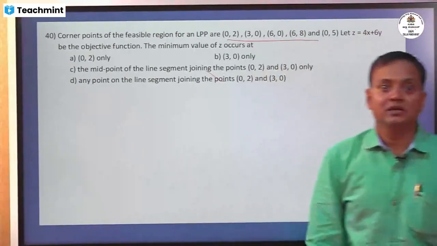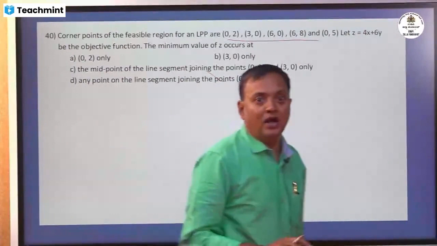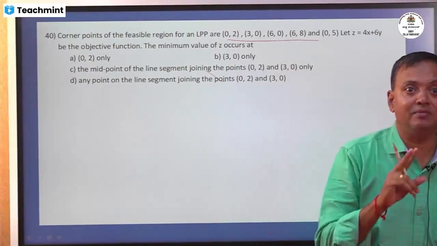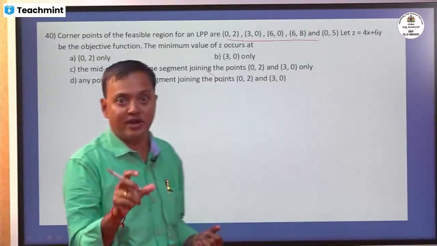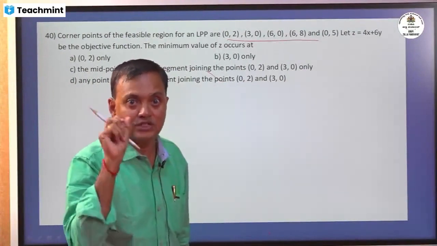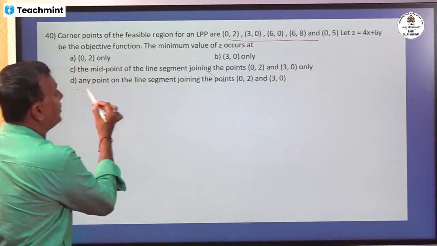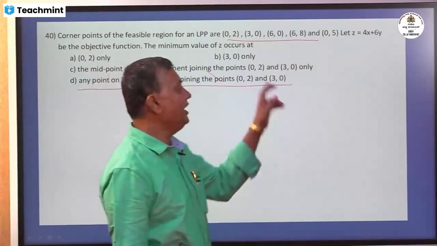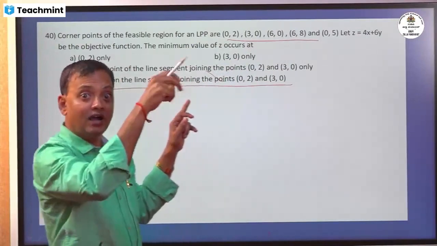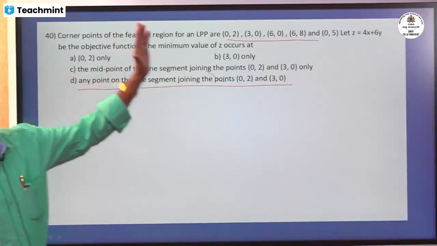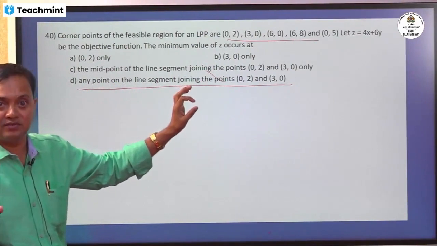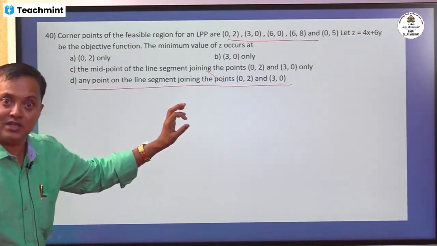So what should the answer be? In an LPP, either there is no solution, or a unique solution, or infinitely many solutions, not exactly two solutions. Because if two points give the same value of the objective function z, then the solution is not only those two points. The solution is any point on the line segment joining the points (0, 2) and (3, 0). At all the points on the line joining (0, 2) and (3, 0), the z value is 12. If in an LPP two points give the same minimum or maximum value, then all points on the line joining those points give the same maximum or minimum value.